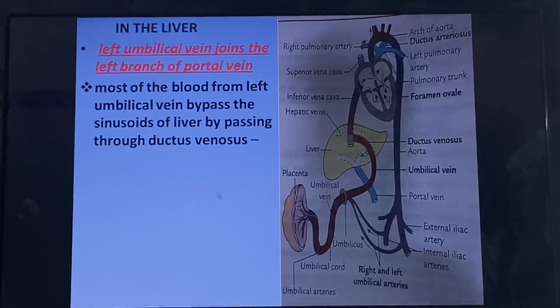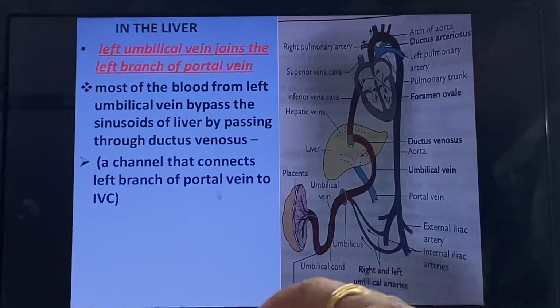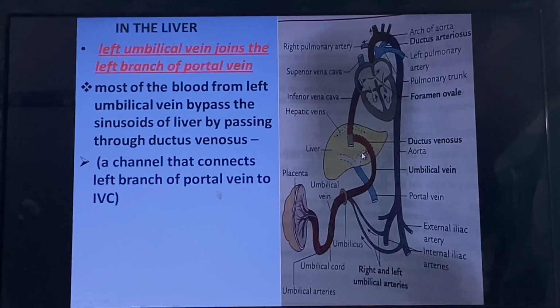So the blood is not entering into the liver. It is just bypassing the liver through the channel, that is the ductus venosus. So a channel that connects the left branch of the portal vein, you can see here, to the IVC. So this is the ductus venosus. So blood remains within a conduit. It is not entering into the liver. It is just bypassing the liver.